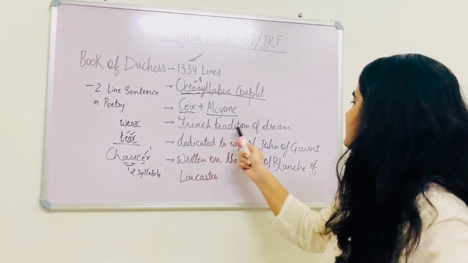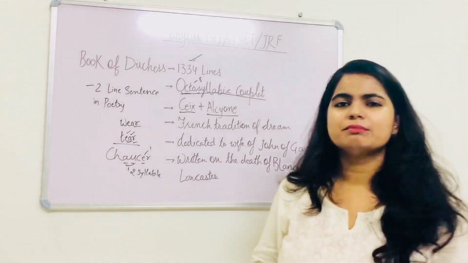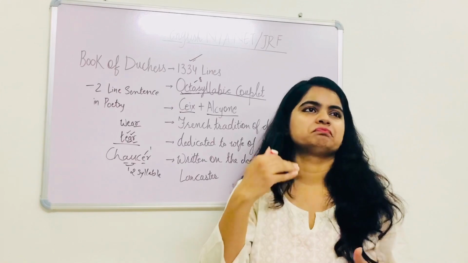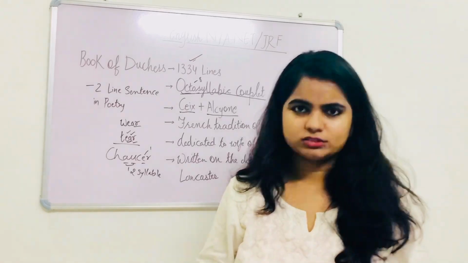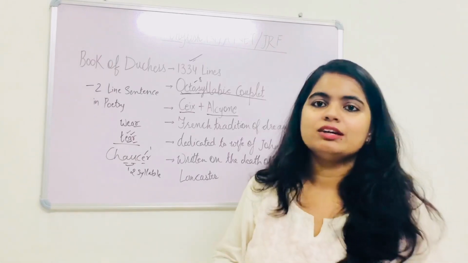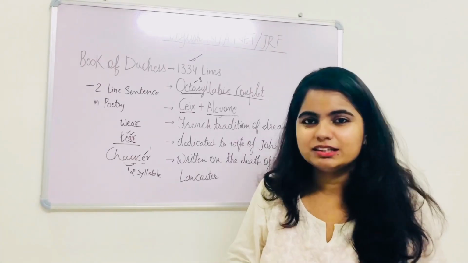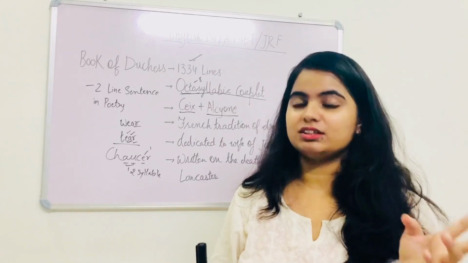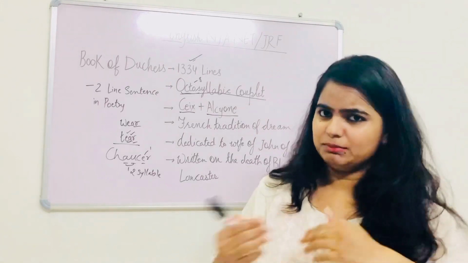And third, this is a French tradition of dream. What do you mean by French tradition of dream? If you have already read the summary of Chaucer for your NET exam or SET exam, you have read that it is a dream allegory, it is a dream vision. Dream allegory and dream vision mean the same thing.